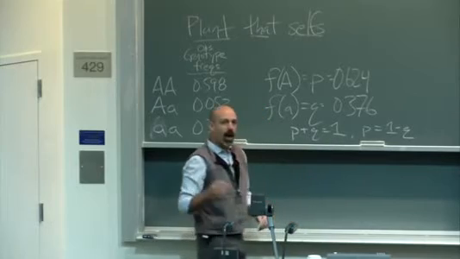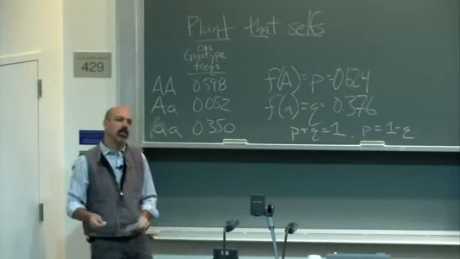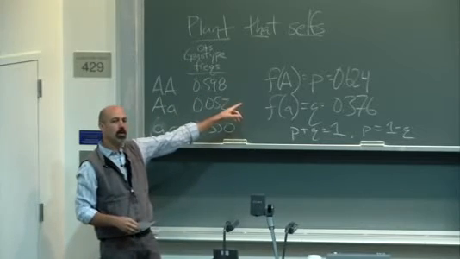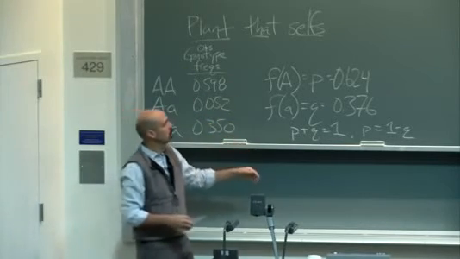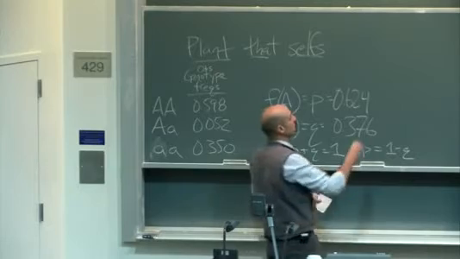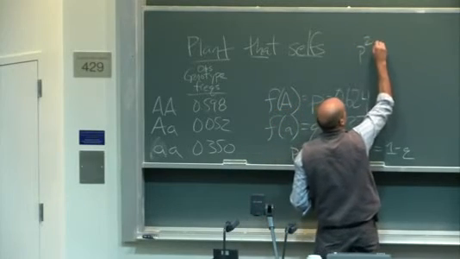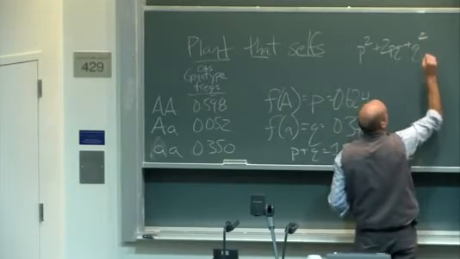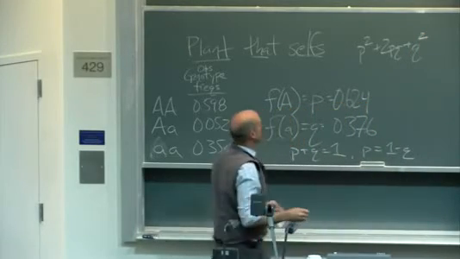So what are our Hardy-Weinberg expected frequencies for the genotypes, given a knowledge of your allelic frequencies? Well, we need our Hardy-Weinberg equation. We need to just recall that and the meaning of it in order to make that assessment.